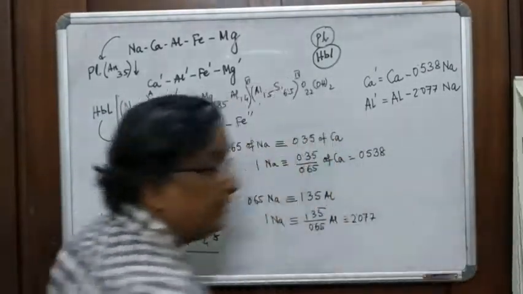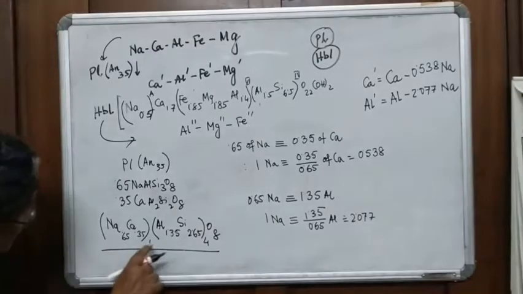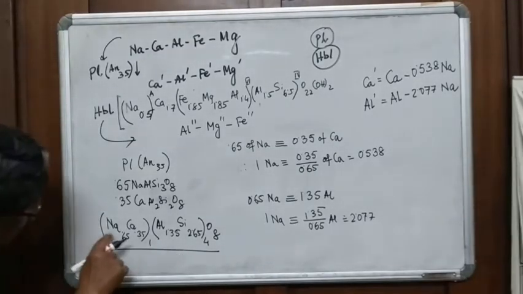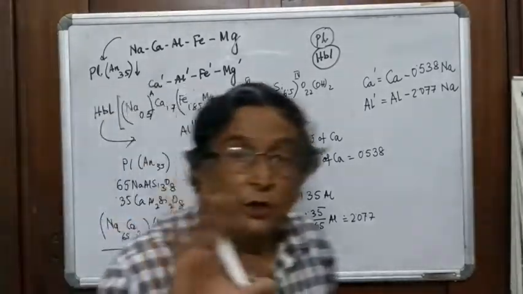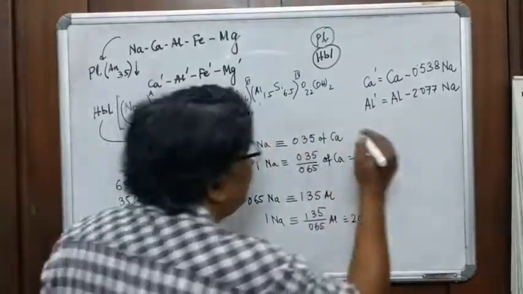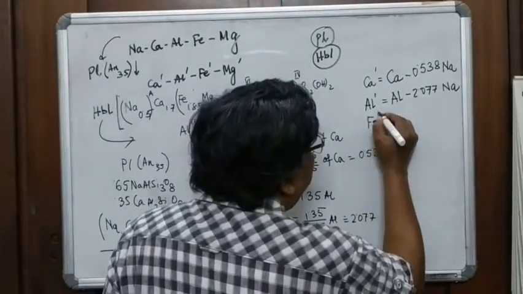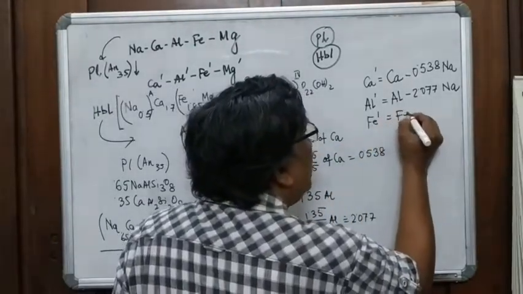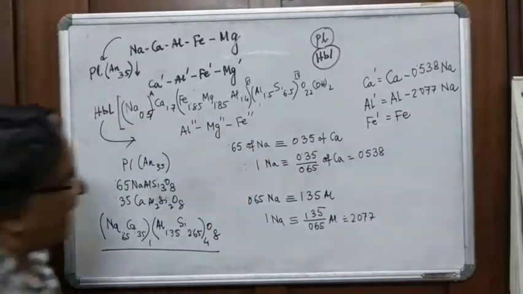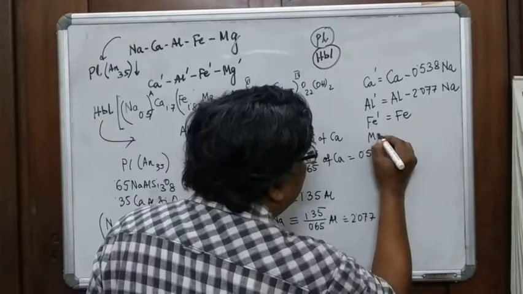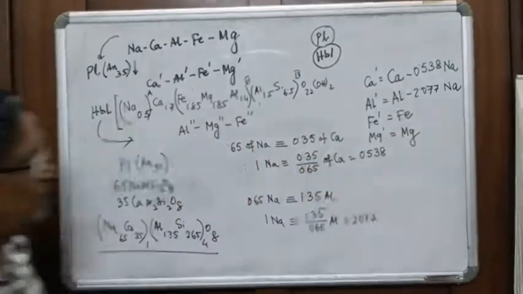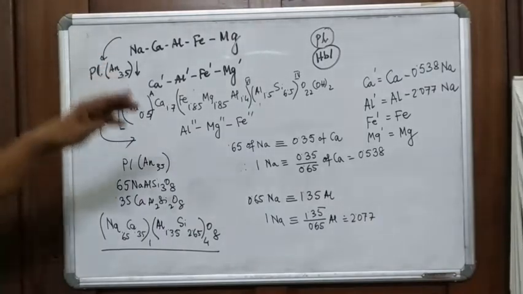Similarly for aluminium. But here there is no iron or magnesium. So if you remove sodium, no change in iron will be there. So what will happen? Your Fe prime will be equal to Fe because there is no iron change, and your Mg prime will remain Mg. So this is exactly what happens.